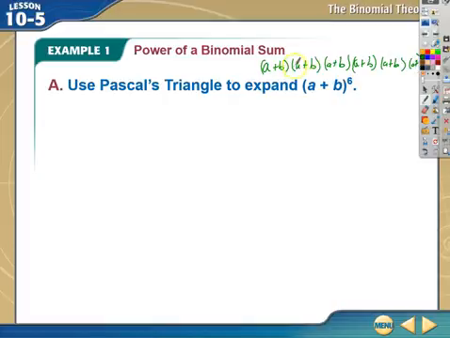You'd have to FOIL this, get an answer. FOIL this, get an answer. FOIL that, get an answer. Take your answers and do more foiling. Combine everything together. It's a pain in the butt.